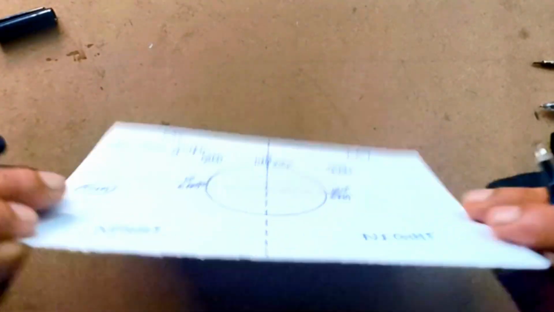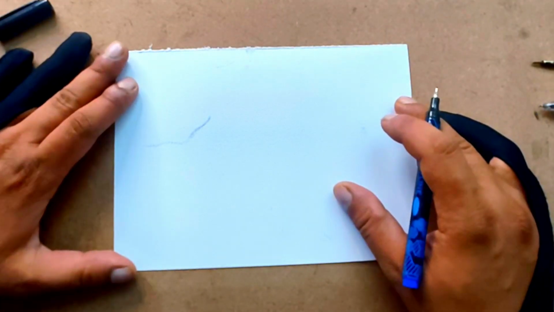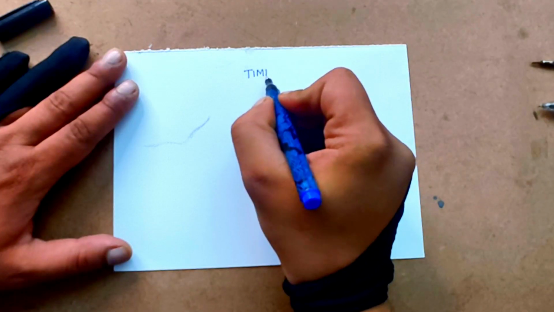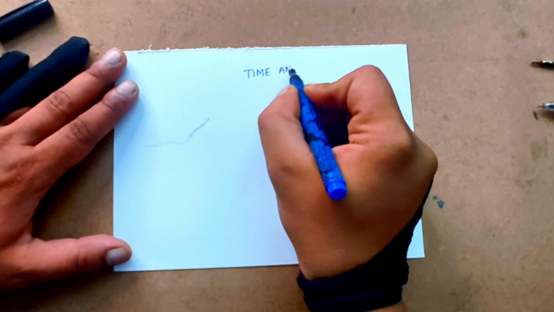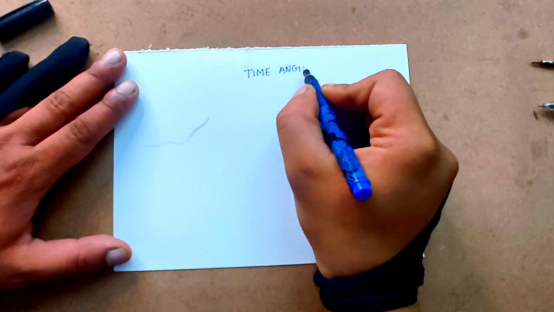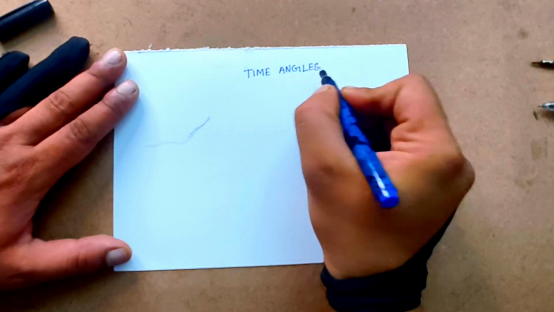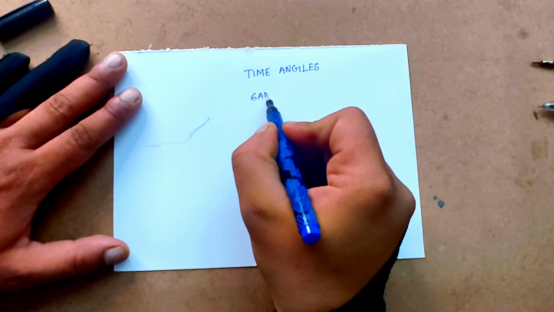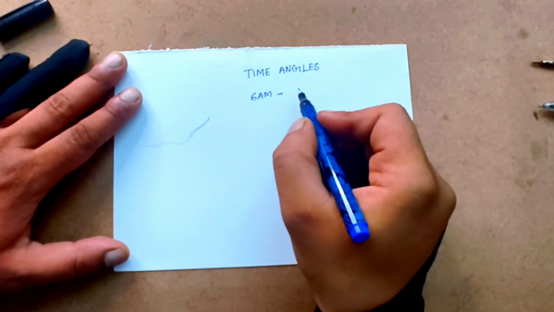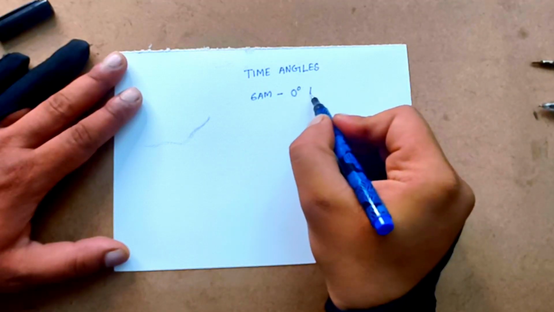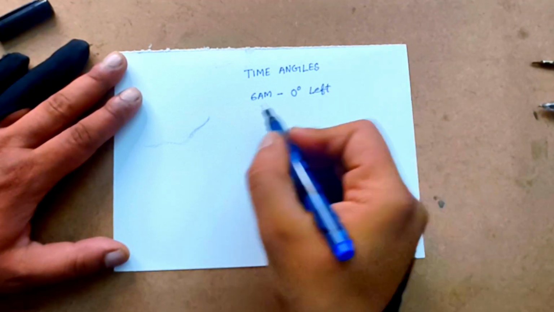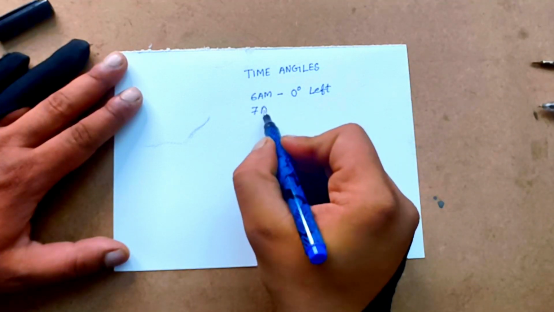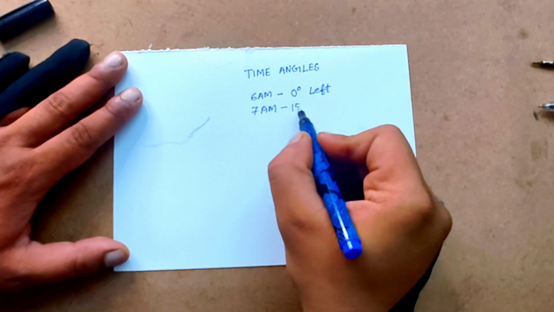So I would like to tell you now about time angles. If you want to make a shadow and the time is 6 a.m. in the morning, you will use 0 degrees left on the protractor. Same for 7 a.m., we use 15 degrees left.